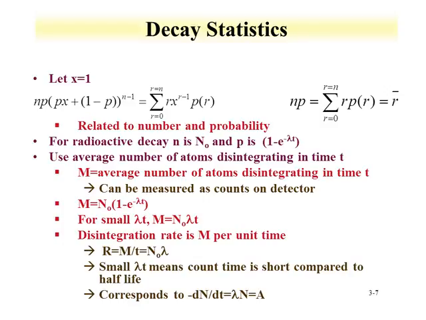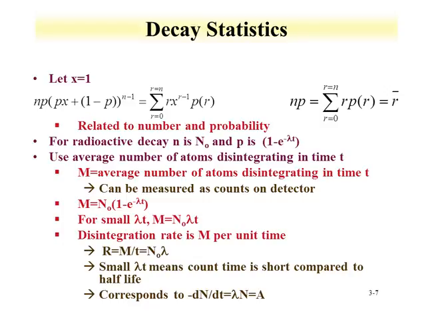Usually lambda t is small, and this means that m winds up being equal to N naught lambda t. And I can even use this to talk about rates. We often talk about disintegration rates, where it's counts per unit time, so counts per minute, counts per second.